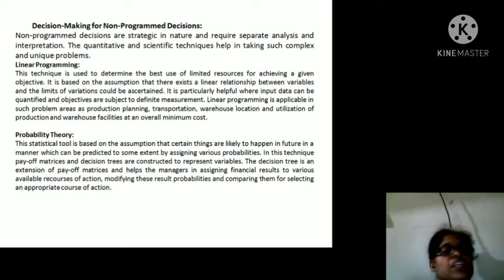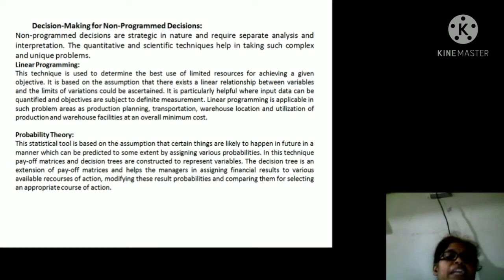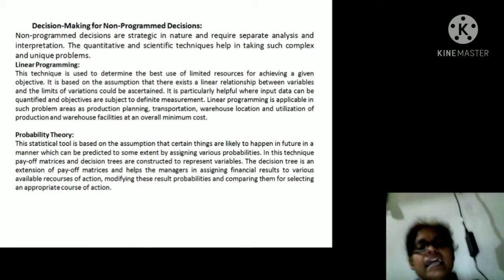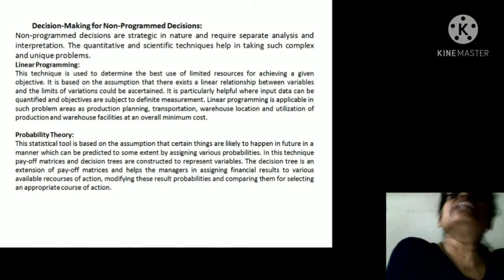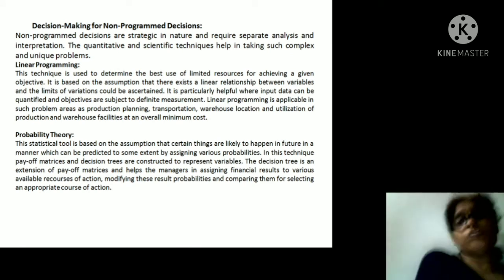Every organization needs statistical data, and that data is calculated with the help of linear programming. It is applicable to problems such as production planning, transportation, and utilization of production and warehouse facilities at an overall minimum cost, because these decisions involve a monetary effect. So the decision must be taken with minimum cost.